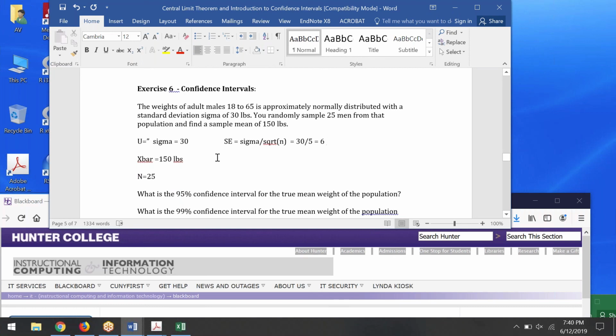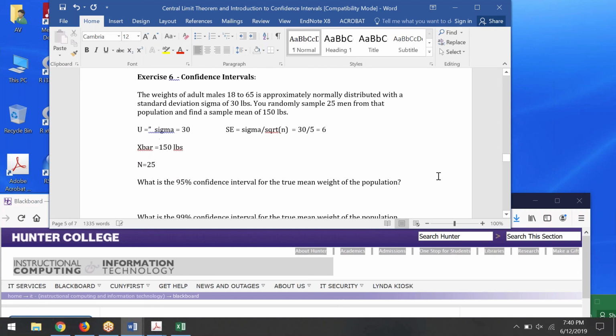So now our mean for our sample of 25 people came out to be 150 pounds. We'll never really know how close that is to the true population mean, because we're never going to know what the true population mean is. However, because we know something about the way samples behave, in other words, the variability of sample results, we can take that sample result and make some predictions that'll help us understand what the true population mean is likely to be.